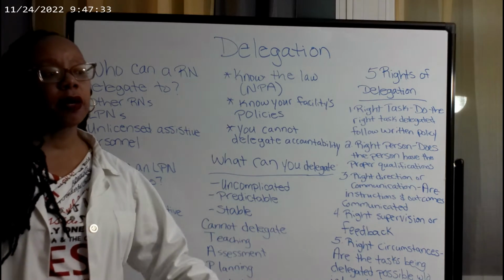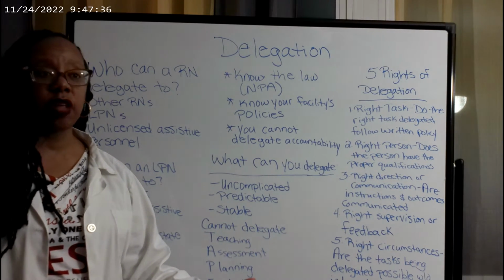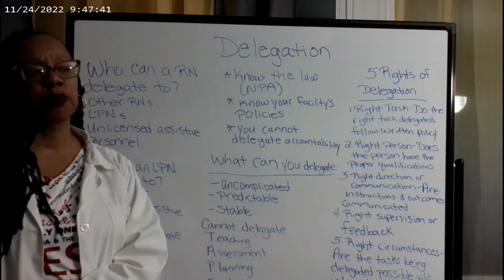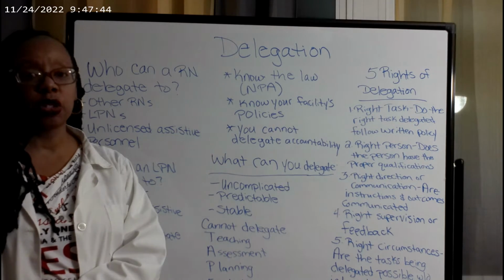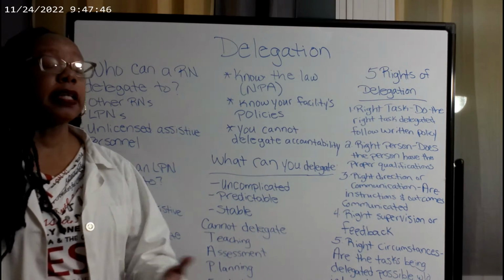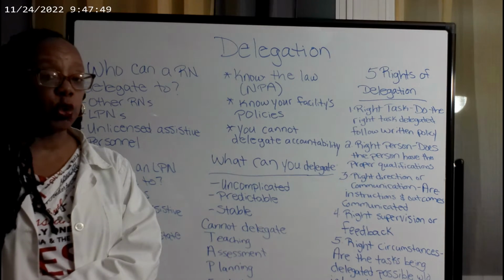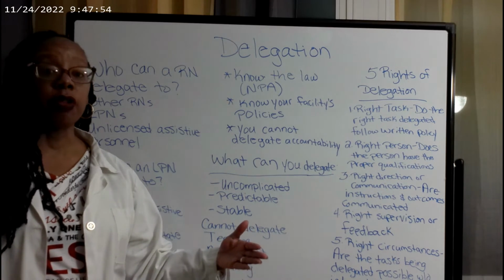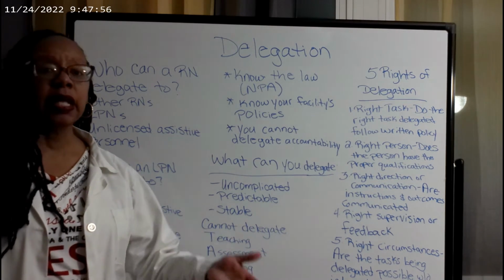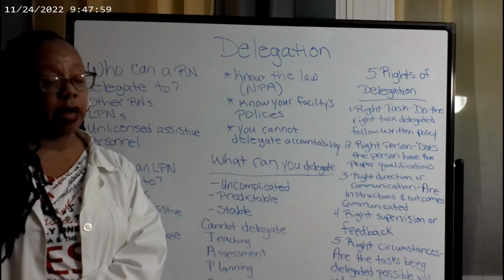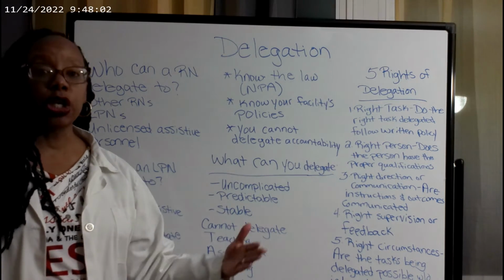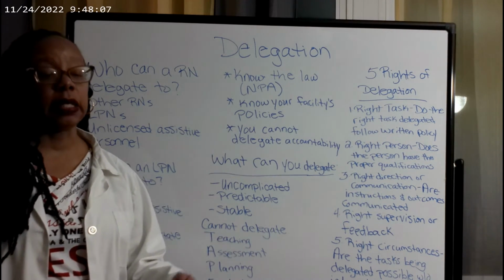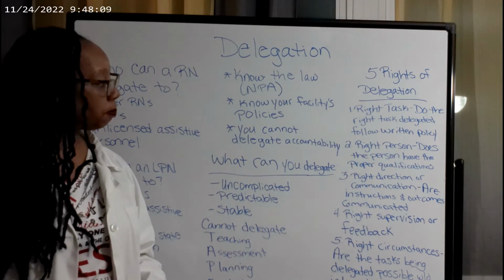But if I have a med pass that consists of all oral meds, and then I have a stable patient that's had surgery 5 days ago and needs to ambulate, I could delegate that ambulation to the unlicensed assistive personnel, and then delegate my med pass to my LPN. Yes, my LPN could ambulate that person. However, I want to use my LPN where I can best use my LPN, and that's passing the oral medications.